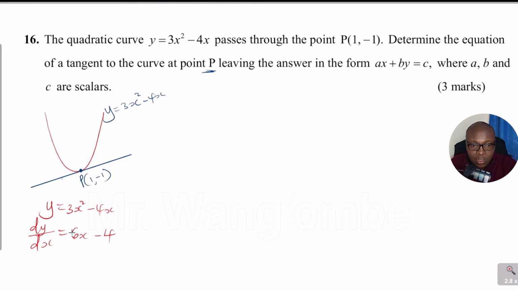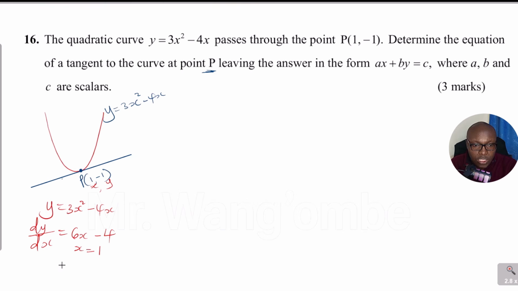So this is the gradient function, and it is what will help us get the gradient at point P. Since it contains the x value, we substitute the x coordinate of point P, which is 1, from (1, -1).